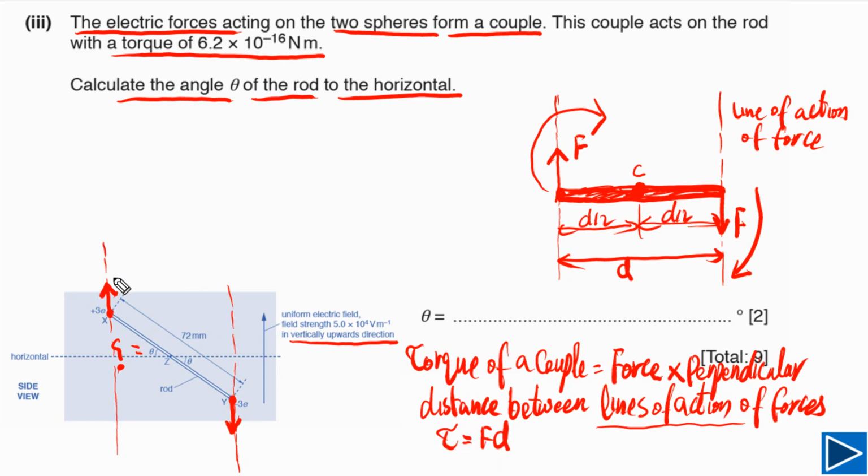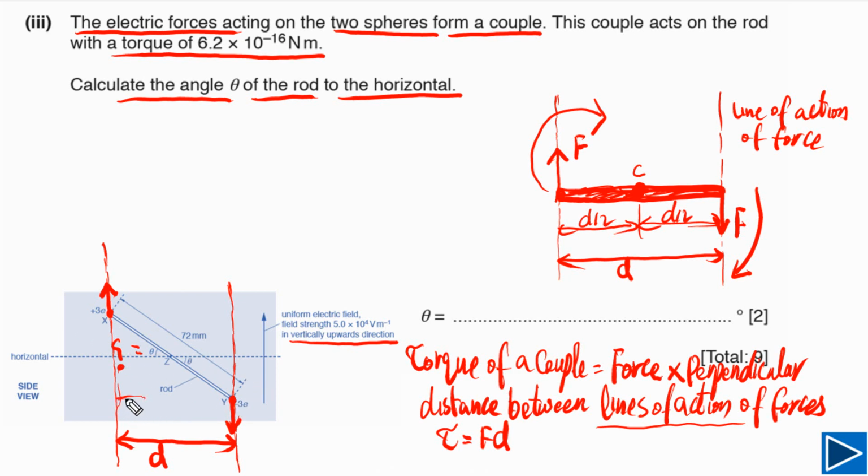Now let's try to understand this arrangement. Now we have two forces, and this is the line of action of force on the negative sphere, and this is the line of action of force on the positive sphere, and the perpendicular distance between the lines of action of these forces is equal to d. But in this case the value of d is not given to us, so how can we calculate it?